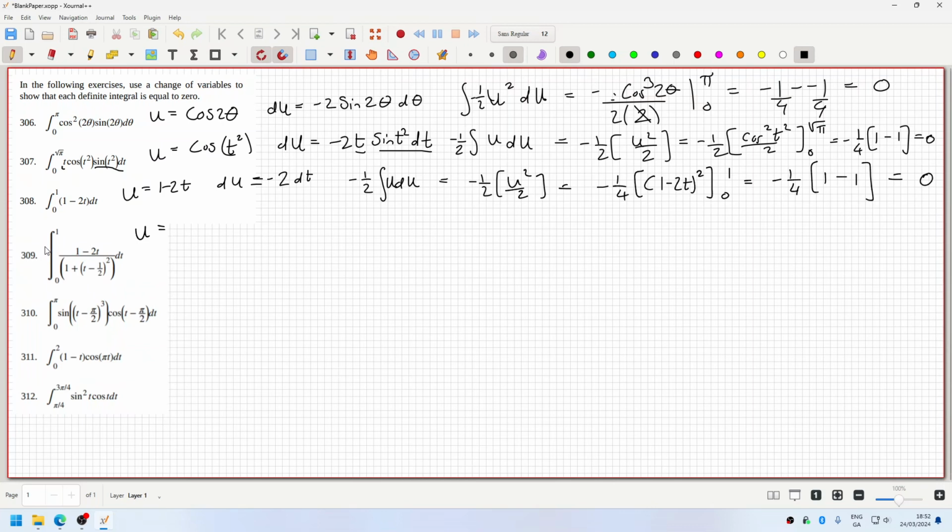If I take out a half minus a half, then if I divide by minus 2, I'll be left with t minus a half on the top. So I'm thinking I want to say u equals t minus a half, and that means du equals dt. So this becomes the integration of minus a half u over 1 plus u squared du.